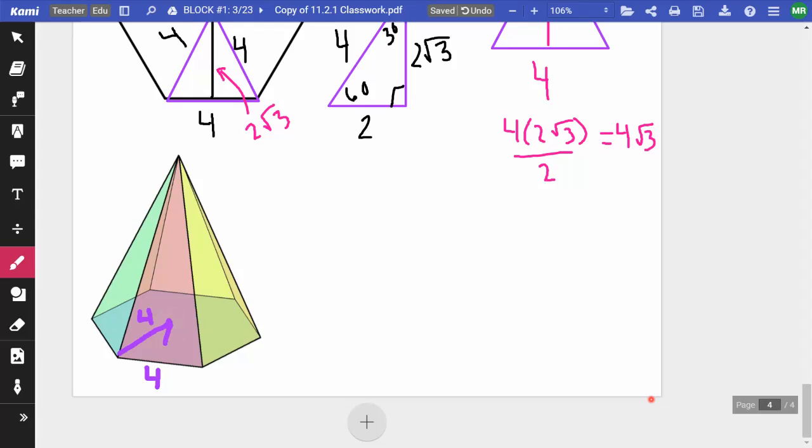But here to the center is not going to be 4. That was a 2 root 3 like we found up there. So that would be a 2 root 3. Kind of want to keep that in mind here in a minute. So when I am trying to find the slant height, I'm going to kind of think about it in this yellow one here.